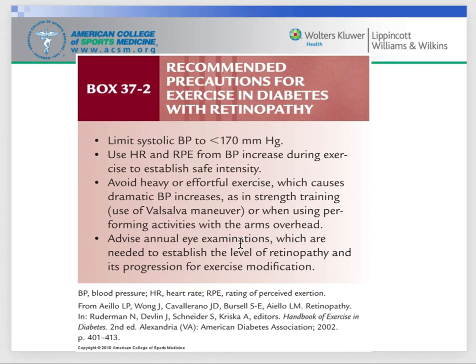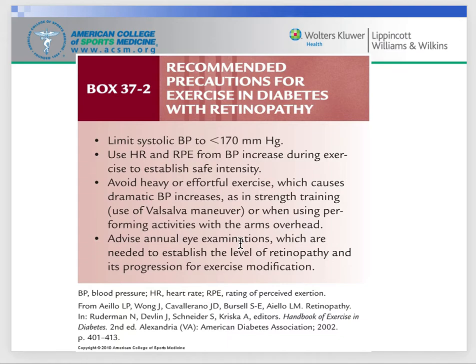So with retinopathy, as I just mentioned, this is vision, eye problems. With diabetes come years of retinopathy, so those little vessels that give blood flow to the eyes become damaged. With diabetes, you do not want their upper limit exercise blood pressure, systolic, to get above 170.